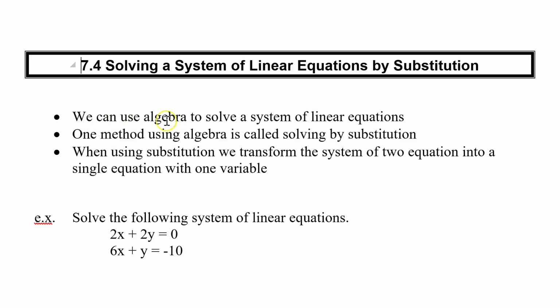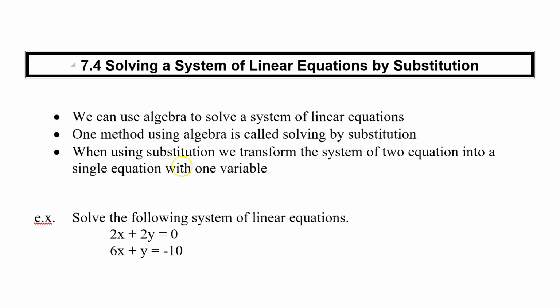We can use algebra to solve a system of linear equations. So you think of algebra, you think of letters, variables, you think of manipulating them, switching them from left side, right side. All those skills that you've learned are going to come together here. The method we're going to use here is called solving by substitution.